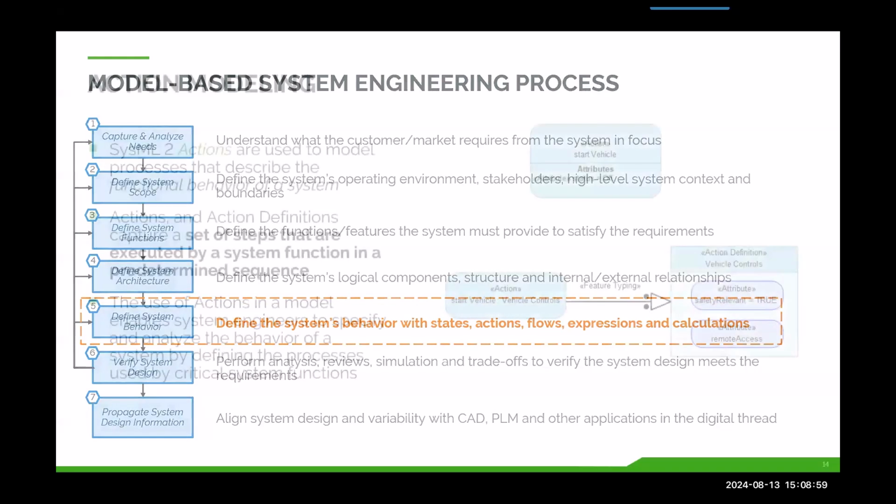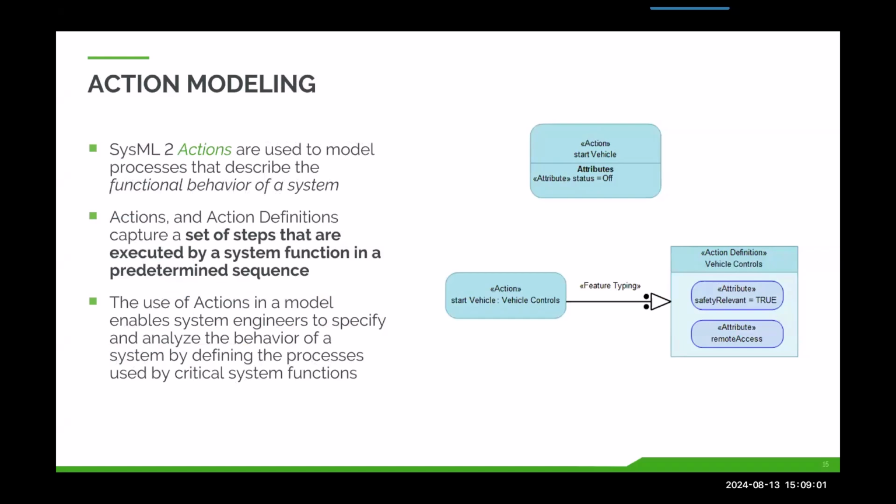For Modeler 10.1, we've implemented action modeling. We can see graphically some actions shown on a diagram here. And we have the same pattern as we do with other aspects of SysML2 of the usage and definition.